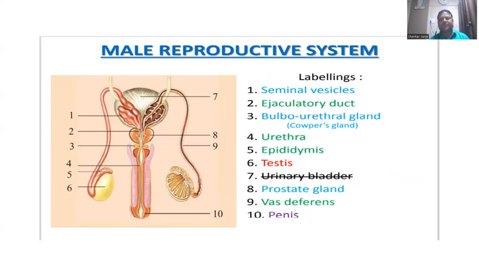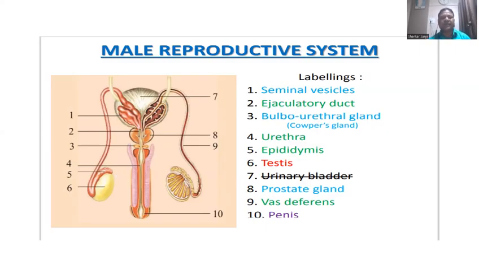Especially in case of external genitalia, see here, this is the scrotum. Scrotum is not shown in the diagram, but the cursor is moving over here. Here there is a highly muscular pouch, bag, called scrotum.